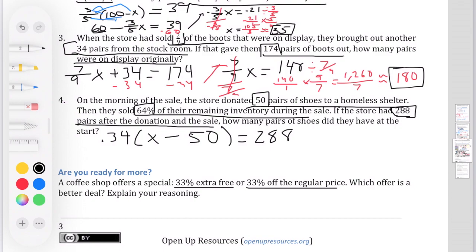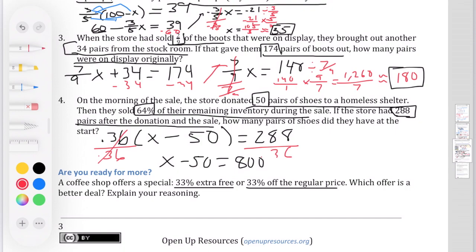Whoops, and I should have written 36%, not 34%. As we go through that, I'm going to go ahead and divide first. 36, boom, 0.36, and I get x minus 50 is equal to 800.